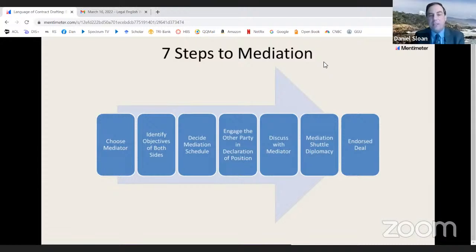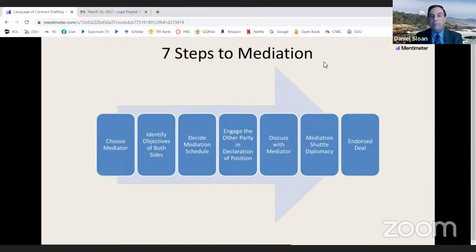So, 7 steps to mediation: choose a mediator, identify objectives of both sides. Usually the mediator will speak with each party individually and then come back together as a table. Decide the mediation schedule. Sometimes we have co-mediation, which is interesting, where we'll have 2 mediators, one for each side, working together to mediate.